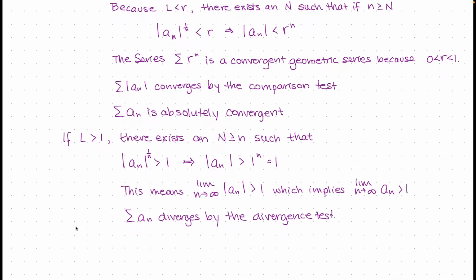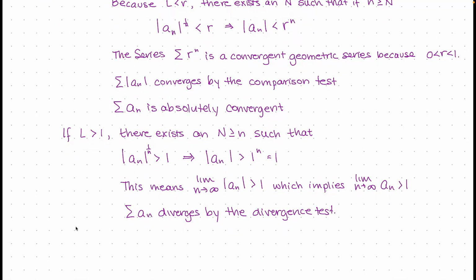Now, if L is greater than 1, then the limit is going to be greater than 1. So that means eventually the absolute value of the nth term is going to be greater than 1. Eventually, all the terms will become greater than 1. And if that's true, then it's going to diverge by the divergence test.